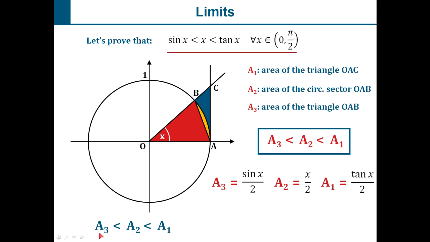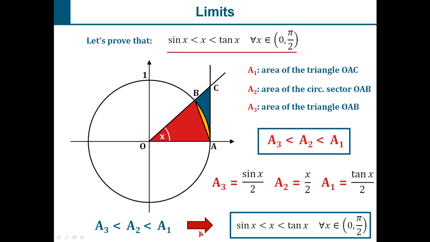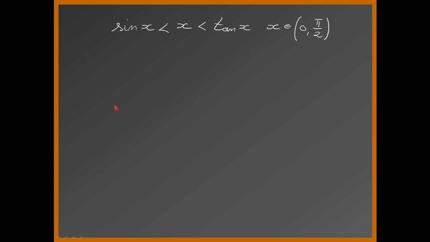Since we have seen that these three areas satisfy this inequality, we obtain that by substituting the numerical values, sine x is less than x is less than tangent x. And this is exactly what we needed to prove. You should notice that this inequality implies that 1 over x is less than 1 over sine x.